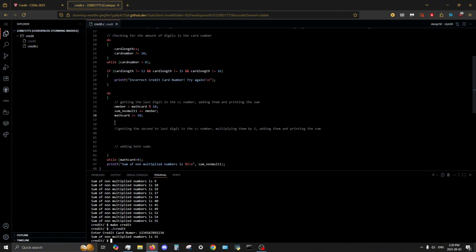So let's clean this up a little bit. So now what we have to do is do the second part. But isn't math card reduced to 0 again here?